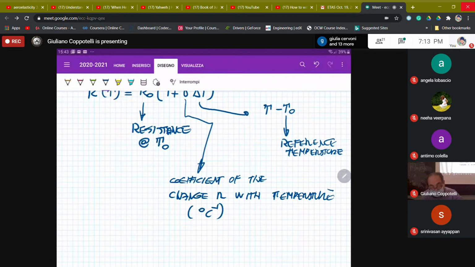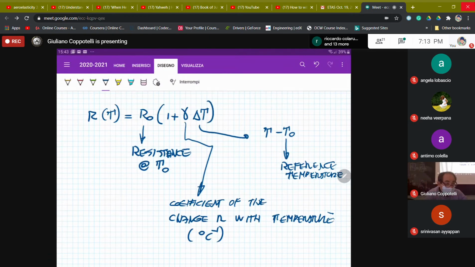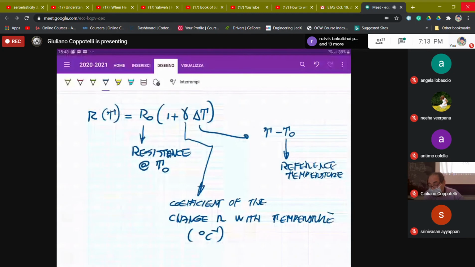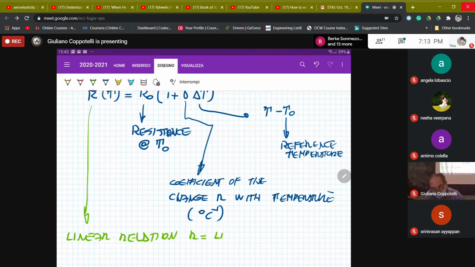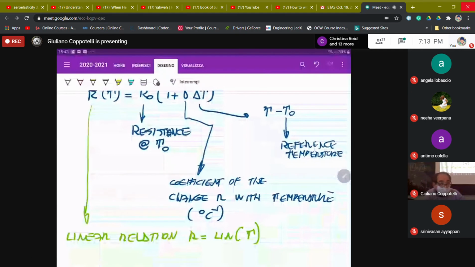And this is a very nice equation because it is a linear one. We have a linear relation between the change of temperature and the change of resistance. Okay, so let me note that. R is linearly related with the temperature.